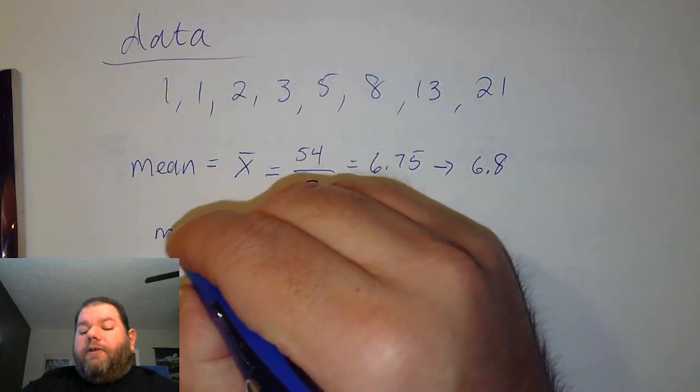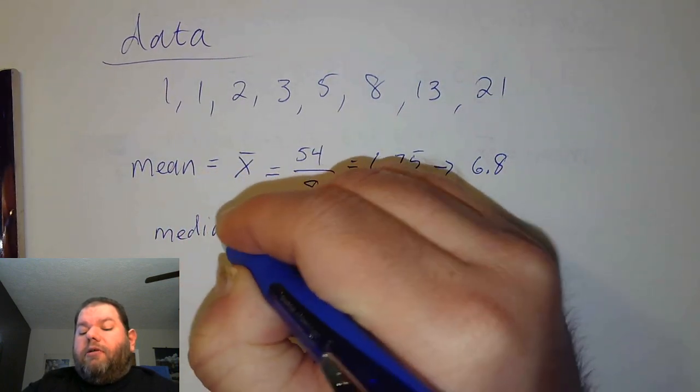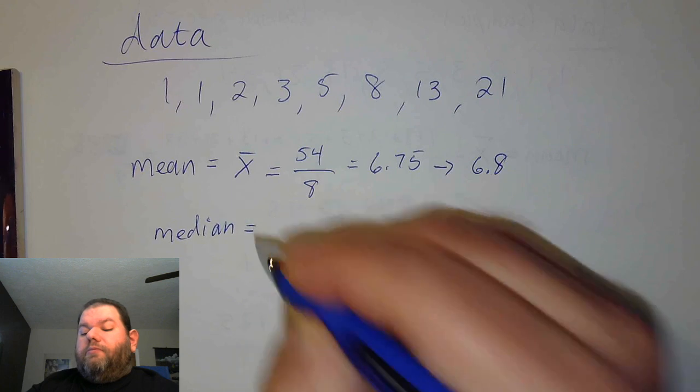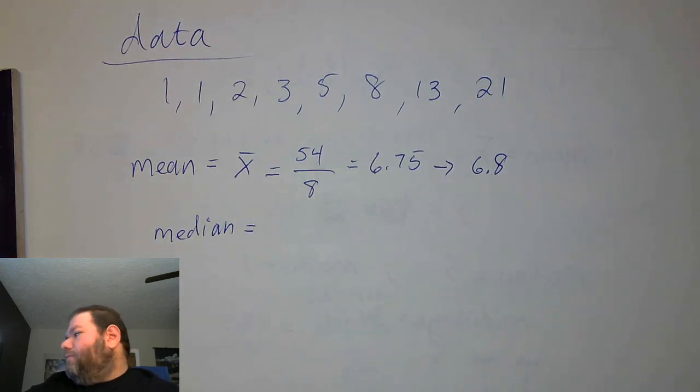What about our median this time? Yeah, the median actually falls between the 3 and the 5.